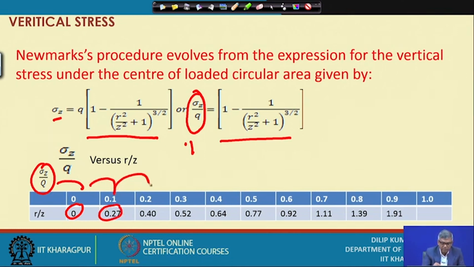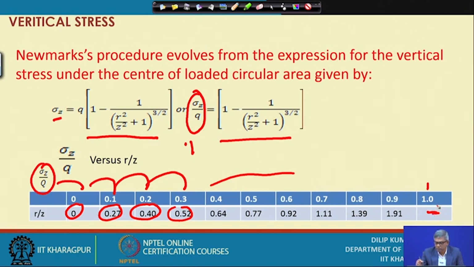When sigma z by q is 0.2, R by Z is 0.4. Similarly, sigma z by q is 0.3, that means 30% of the surface load, then R by Z is 0.52, and it goes on like that. When it is 100%, that means the same stress as the load applied at the surface, theoretically R by Z will be infinity.